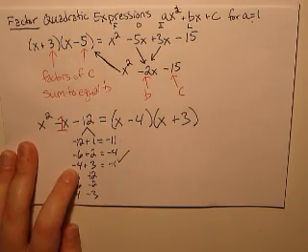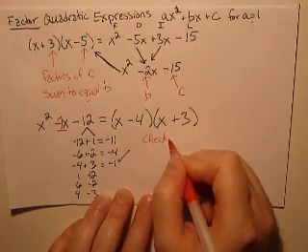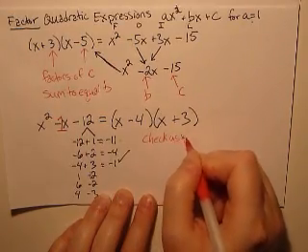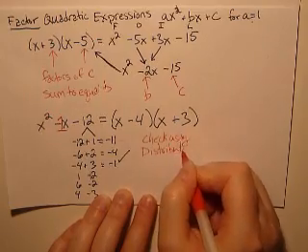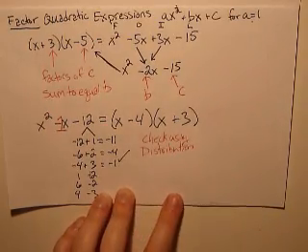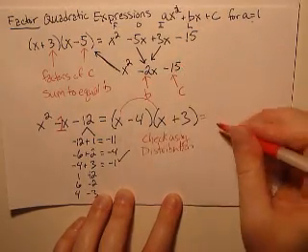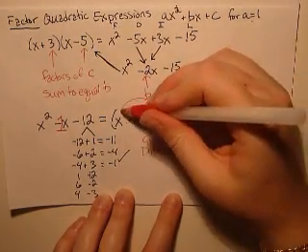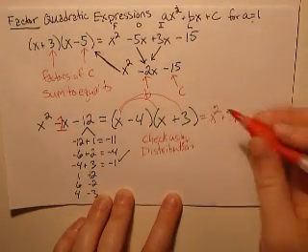Before I'm done, I should check my work by distributing. I should check using the distributive property. All right, so let's try it. First, x times x is x squared. Outer, x times 3 is positive 3x.